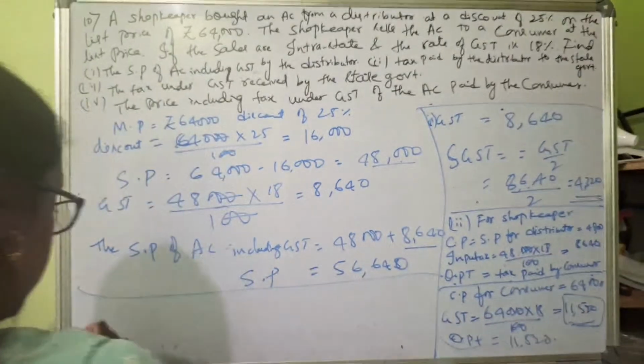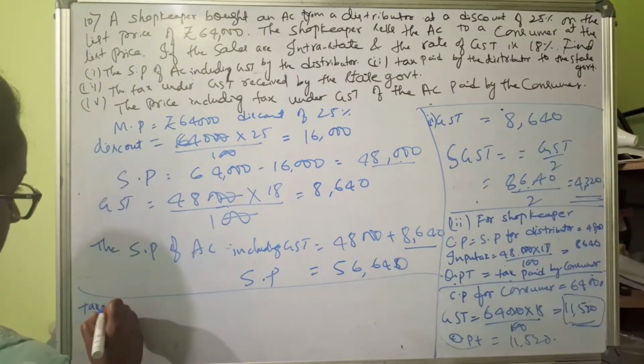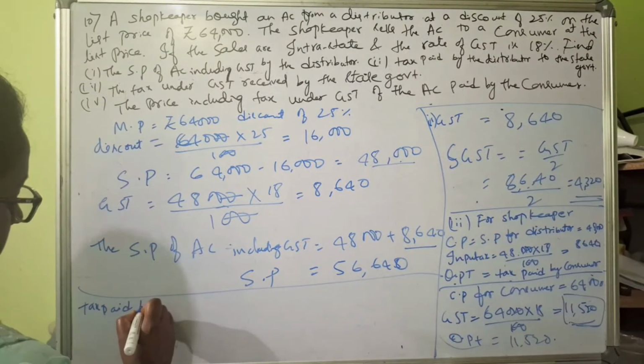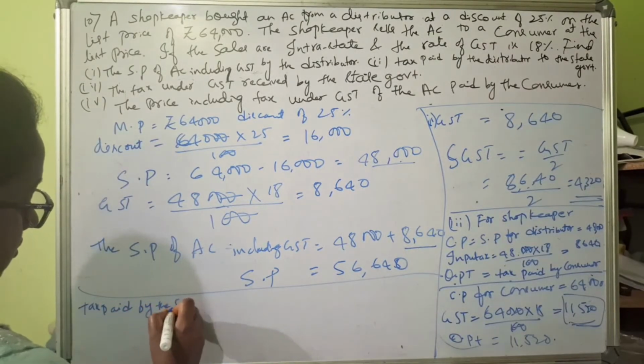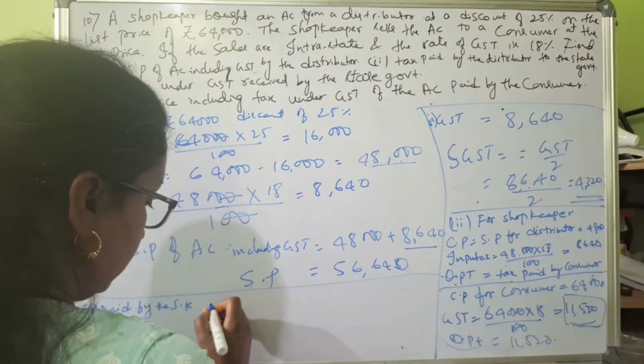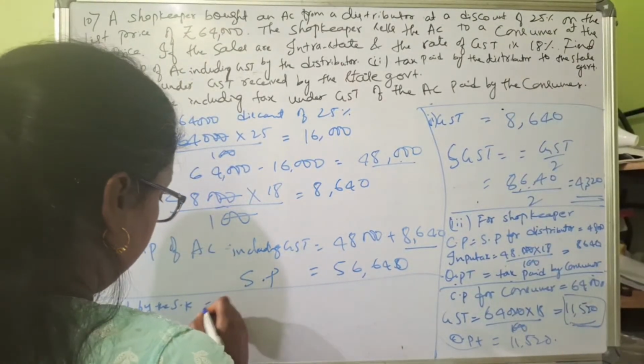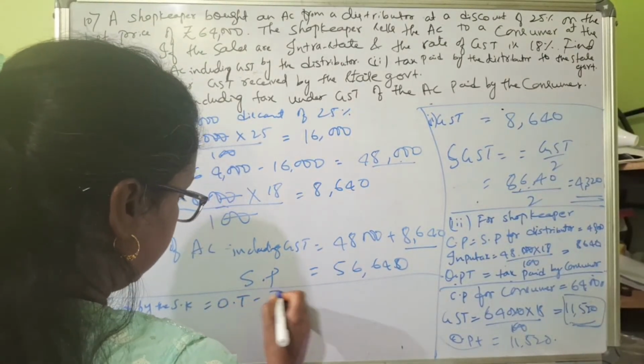And tax paid by the shopkeeper is equal to output tax minus input tax.